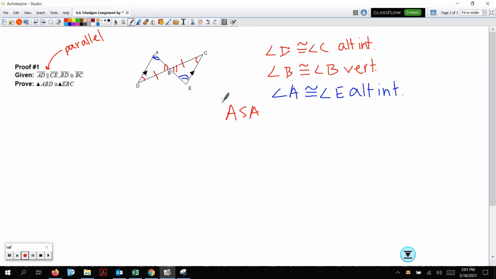So that happened too, angle, angle, side. So if you saw that before I started talking about this, that's fine. So sometimes when two triangles are congruent, it's true for more than one theorem or postulate. That's what I'm trying to say.